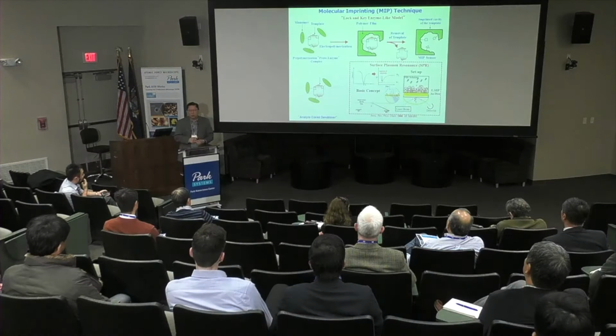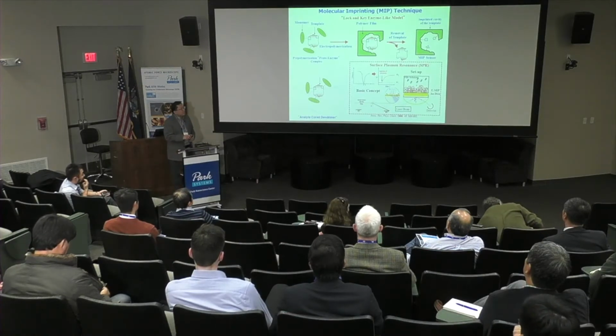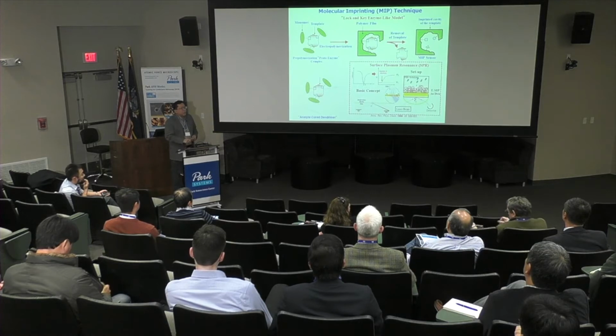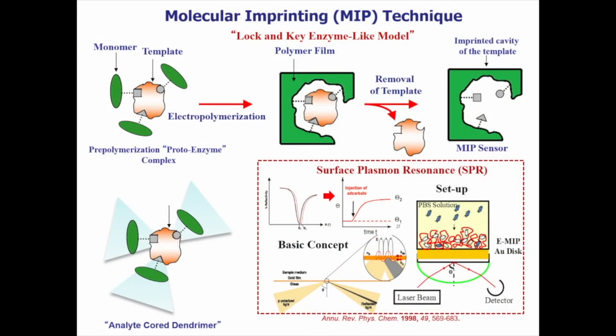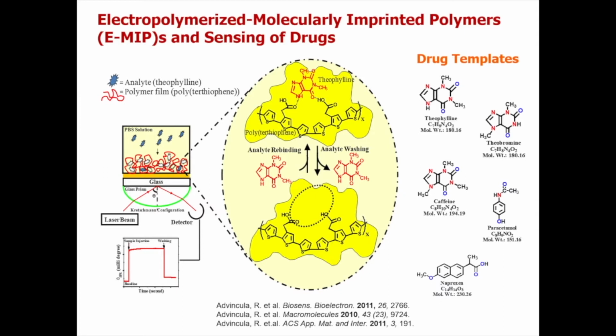In this case, you deposit this film, do the molecular imprinting on a surface, and then use reflectivity or ATR experiments to sense the binding of the analyte. And we design monomers that are capable of interacting with the analyte, so you can have very good molecular imprinting on a surface.